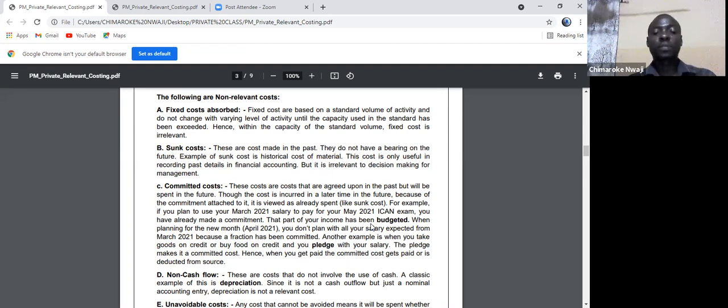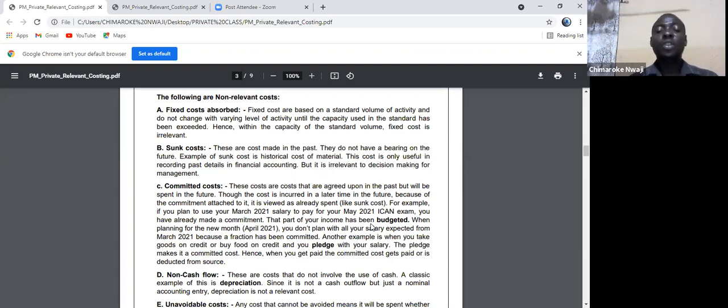Sunk cost. Sunk cost is the opposite of future cost. These are costs that are made in the past. They have no bearing in the future. And so any cost where you hear the verb used in the past tense is not relevant. For example, the historical cost of material is not relevant.